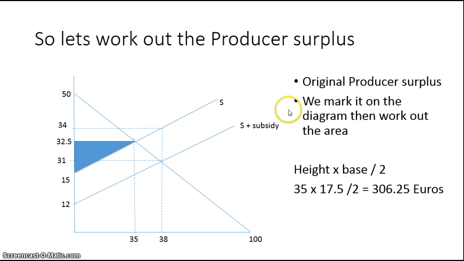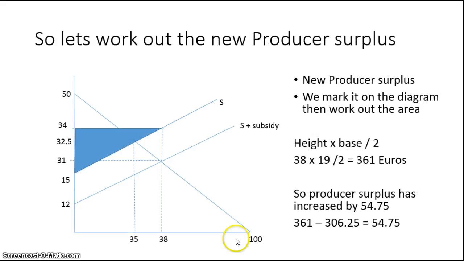Next slide, we do the same for producer surplus. The original producer surplus is exactly the same as before with the tax, 306.25. Again, go over the previous video if I'm going over this too fast, because we covered it in there.